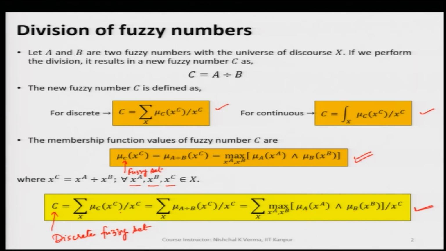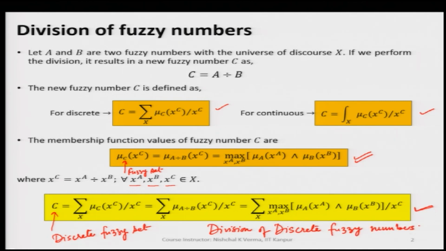So, this expression C is equal to the summation of mu C of x C over x C, is equal to summation of mu A divided by B of x C over x C, which is again equal to the summation of max of min values of mu A of x A and mu B of x B over x C. This expression is for division of discrete fuzzy numbers.